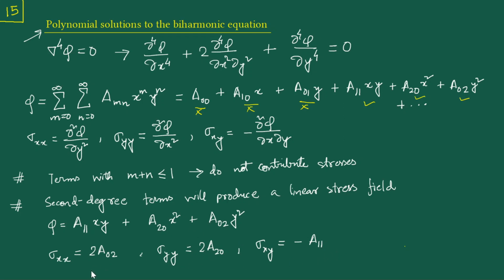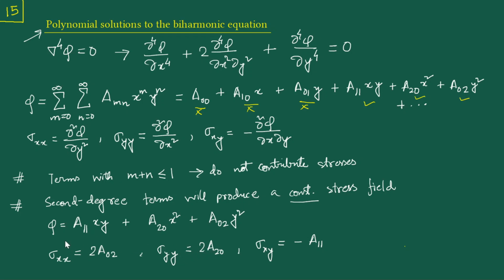Now this is very interesting. I shouldn't actually be writing this as a linear stress field, that's wrong. Let me make this correction. The second degree terms will produce a constant stress field. This is very important, please note down this correction.